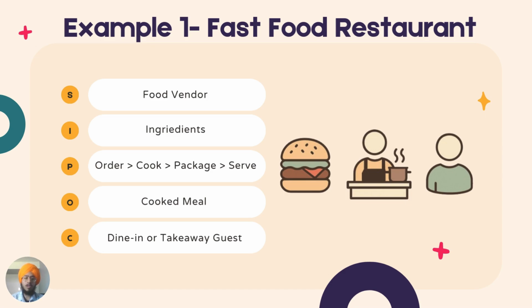Then the process is taking the customer's order, preparing the burger, packing it, and handing it over to the customer. Then the output is the final burger meal. Lastly, the customer is the dine-in or takeaway guest. So this SIPOC gives clarity on who does what and where the process begins and ends.